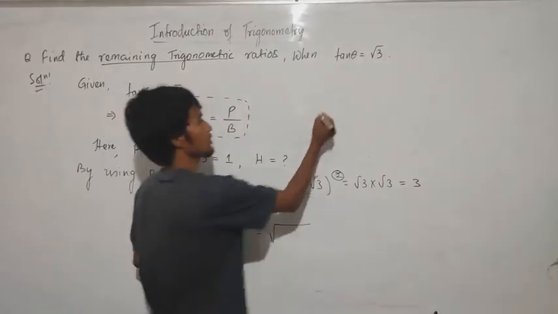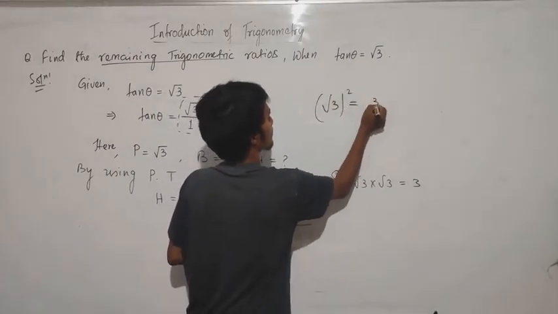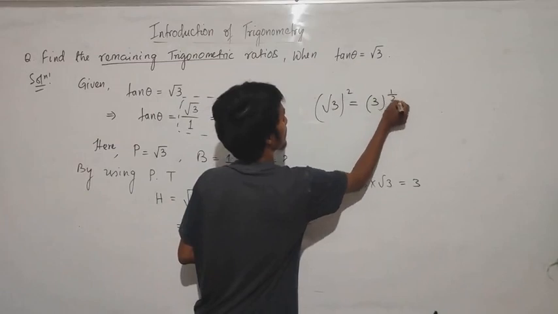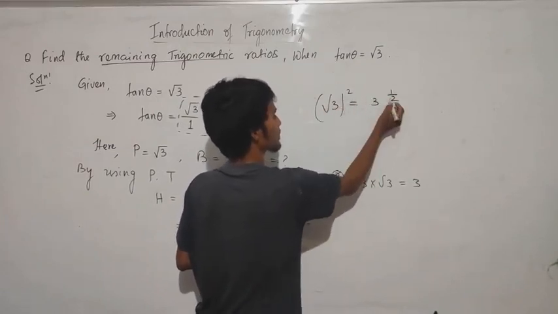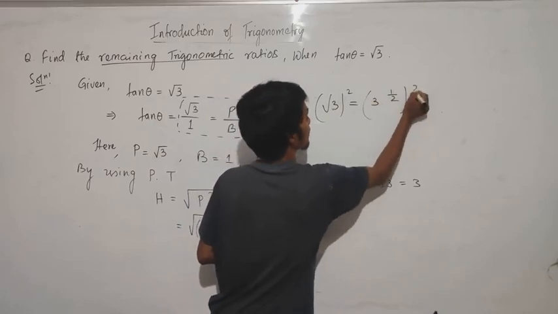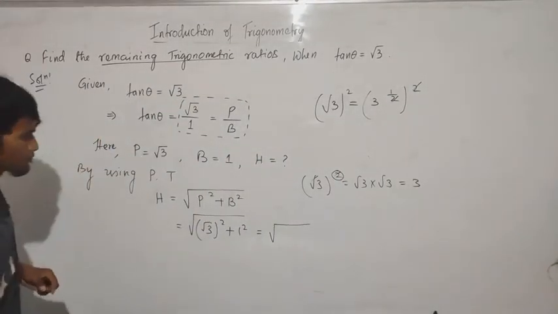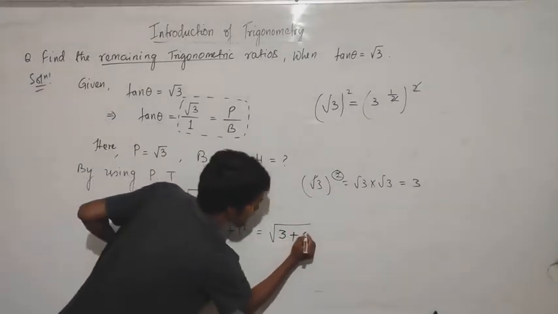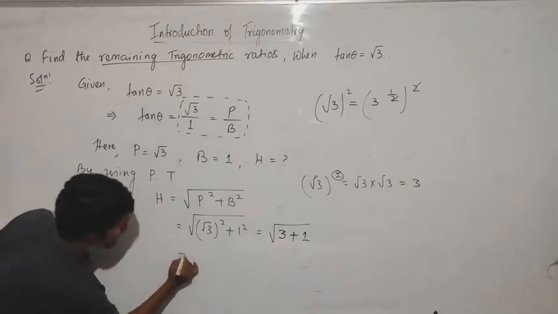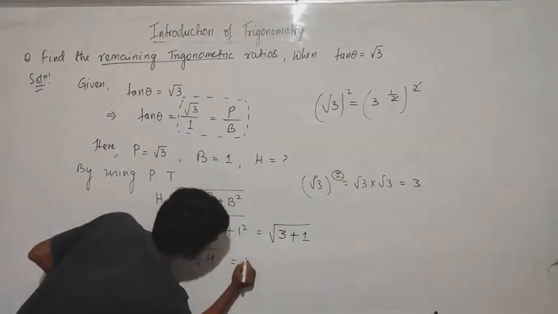This root I can write as 3 to the power 1 by 2, because root is equal to power 1 by 2. Then the 2 and 2 cancel and only 3 is left. Then 1 square will be 1. Then we get 4, and the square root of 4 will be 2.